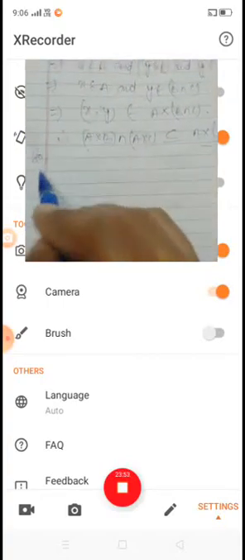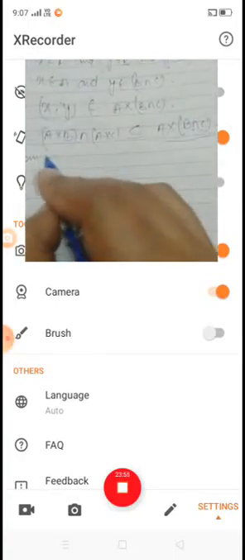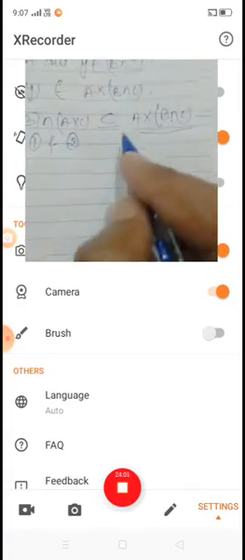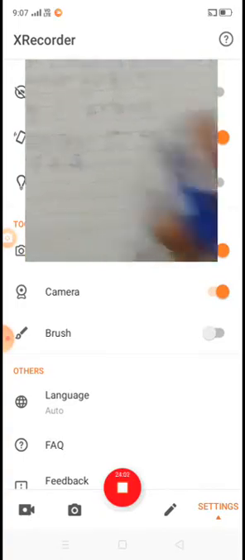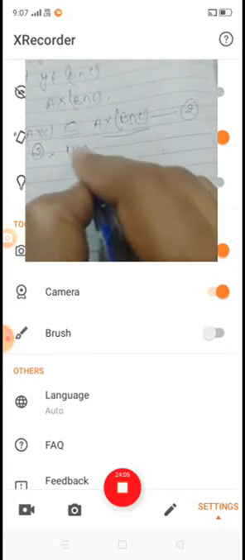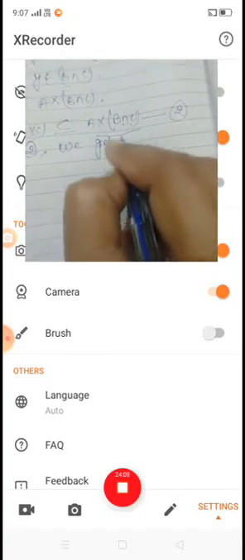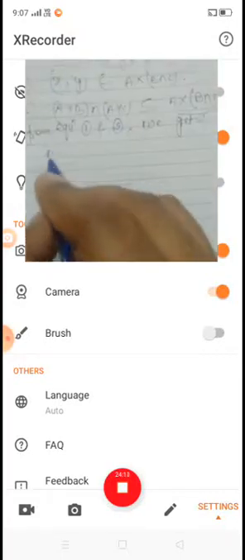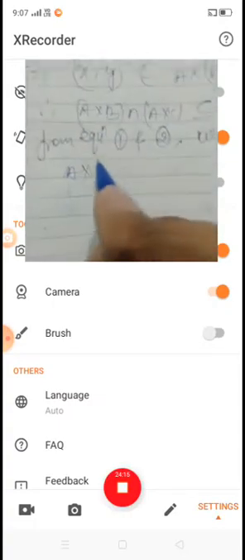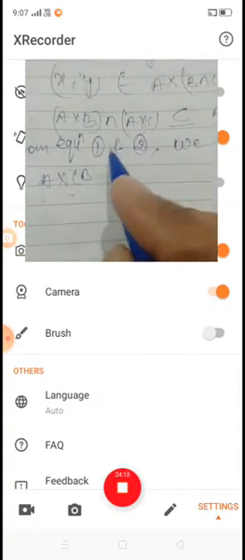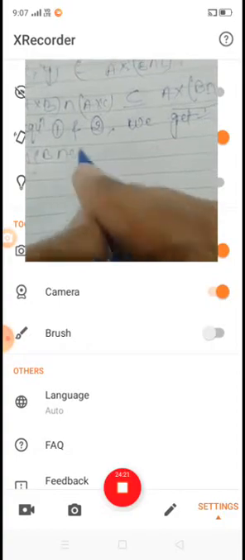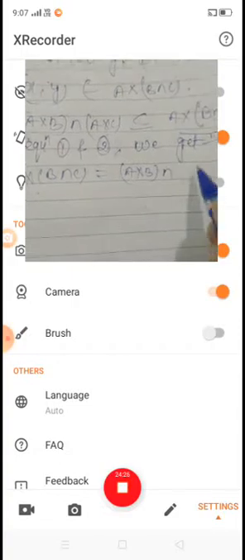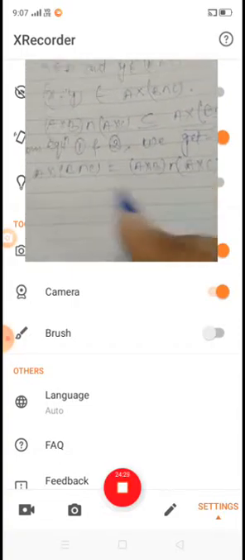So from equation 1 and 2, we get A × (B ∩ C) is equal to (A × B) ∩ (A × C).